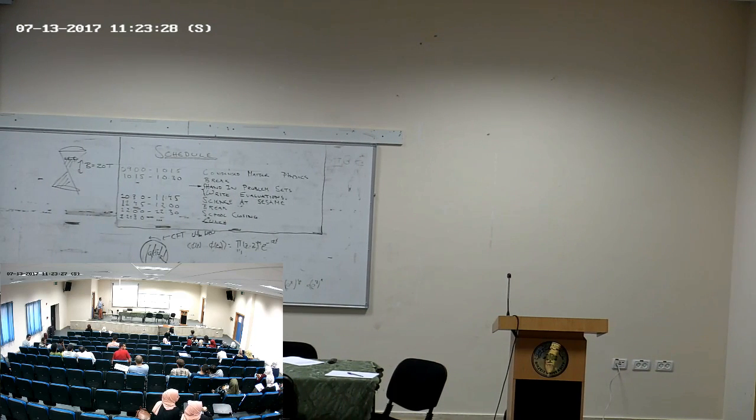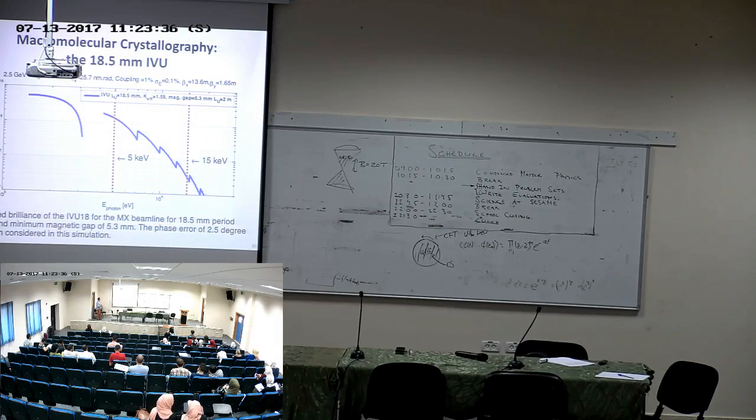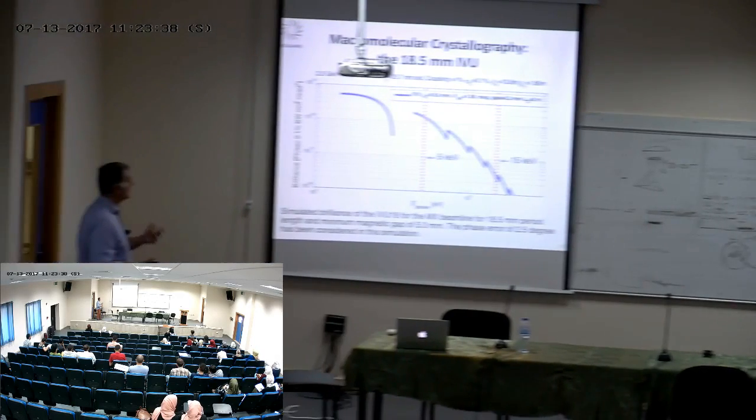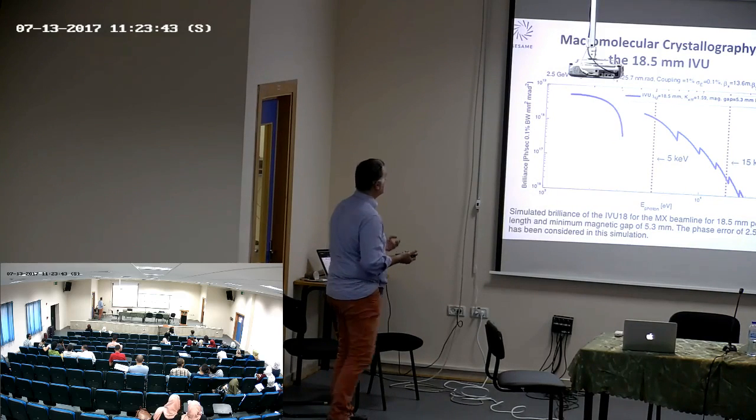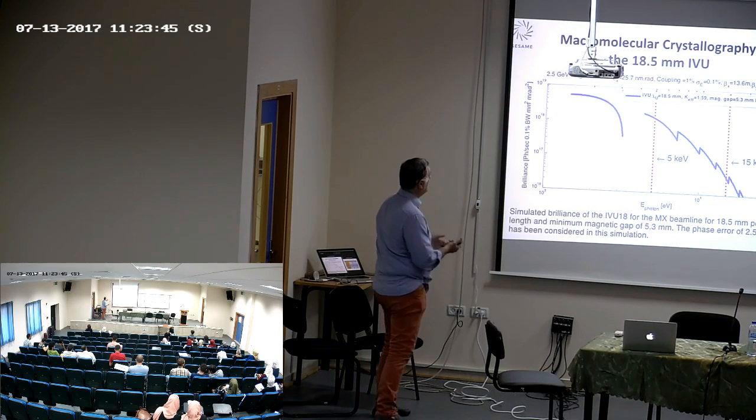That basically means that the magnetic gap has to be of the order of the period or less, given the fact that you cannot have a magnetic field much stronger than of the order of 1 Tesla or less.